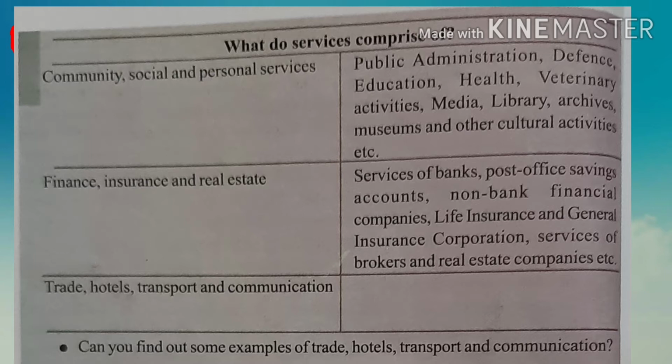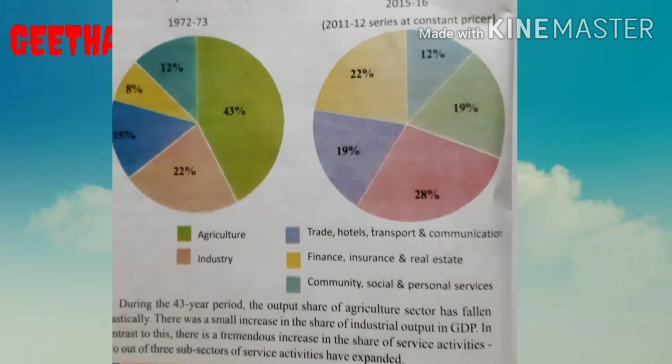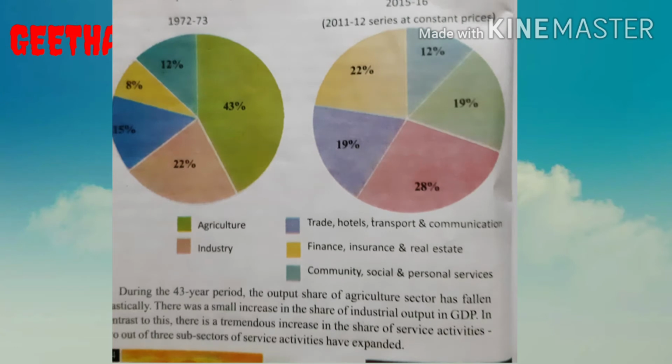They help us to buy or sell the product. Next you can see trade, hotels, transport and communication. What you observed from this box, whatever is explained in this box, all these sectors come under the service sector. Do you understand?